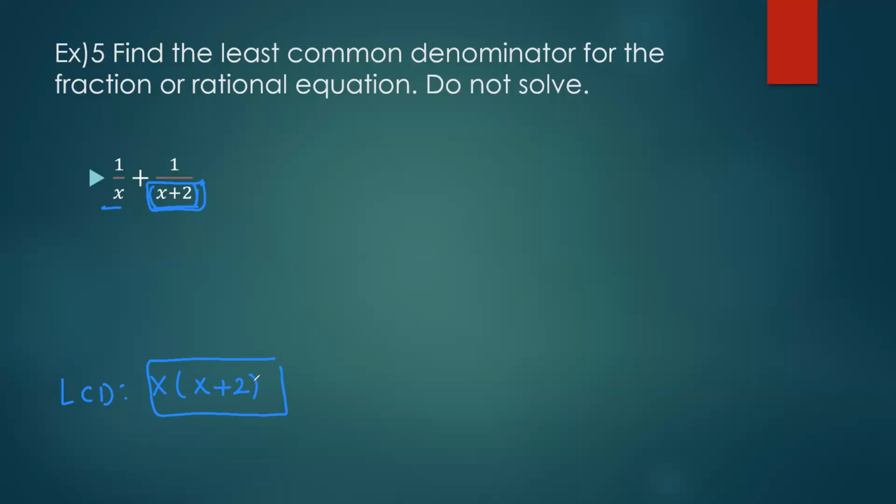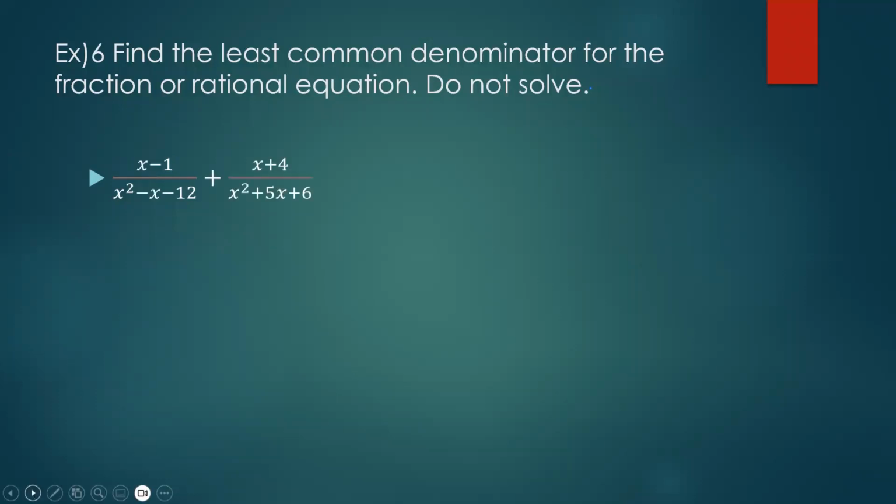Okay, let's move on to example 6. Find the LCD of the fractional rational equation, do not solve. So we have x minus 1 over x squared minus x minus 12, plus x plus 4 over x squared plus 5x plus 12.